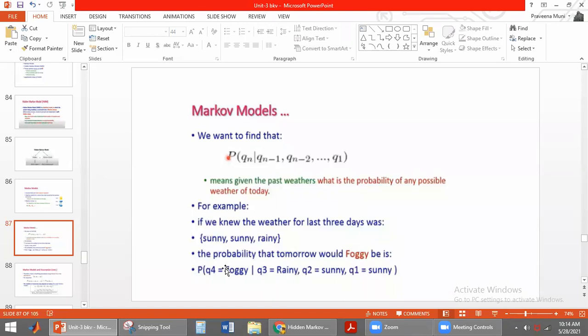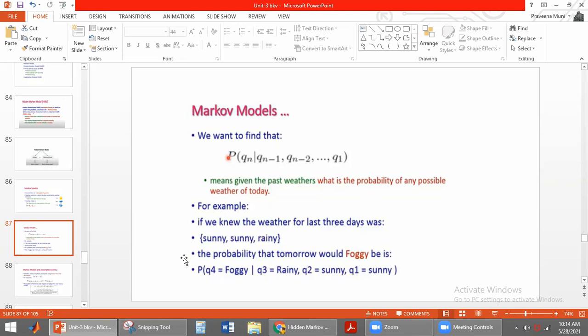Now, the probability that tomorrow would be foggy: we are finding the probability of Q4 equal to foggy, given that Q1 is sunny, Q2 is sunny, and Q3 is rainy.